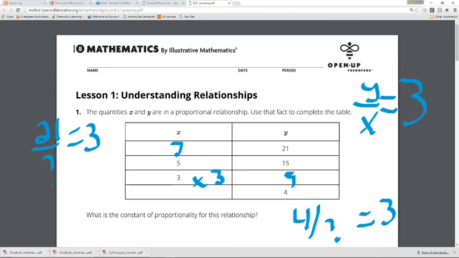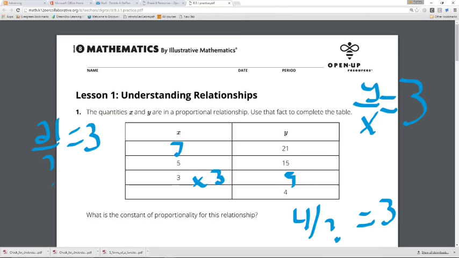So to help me understand what I could divide 4 by in order to get 3, I'm going to go back and look at this first thing that I set up. Remember, I said that if a relationship is proportional, then you can take the y and divide by the x, and you're always going to get the same number in this table. 21 divided by 7 is 3. 15 divided by 5 is 3. 9 divided by 3 is 3.